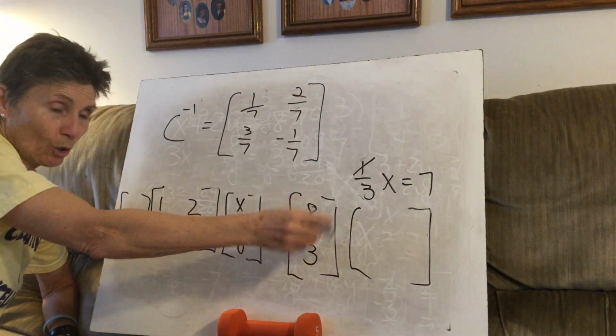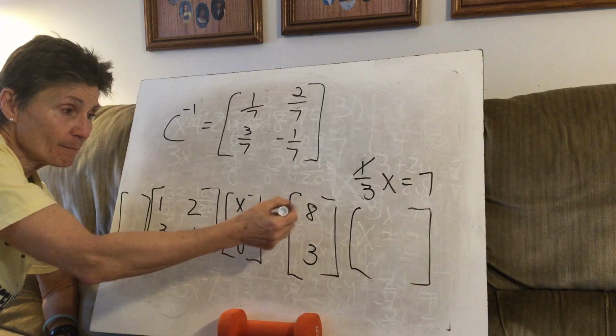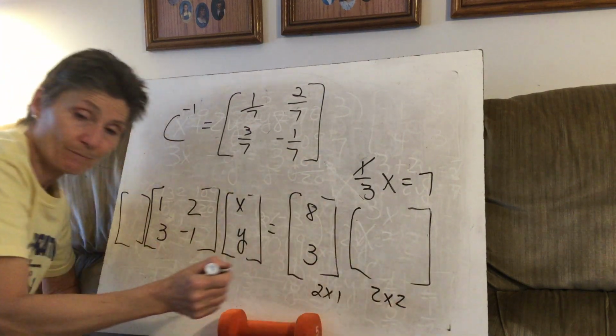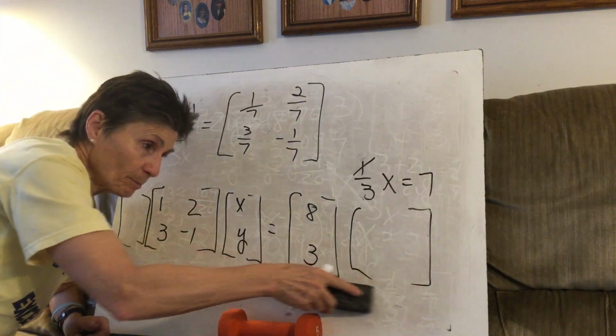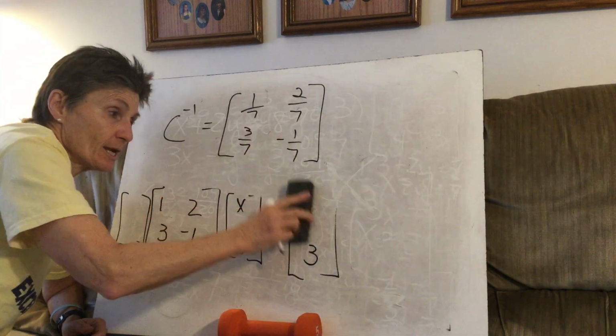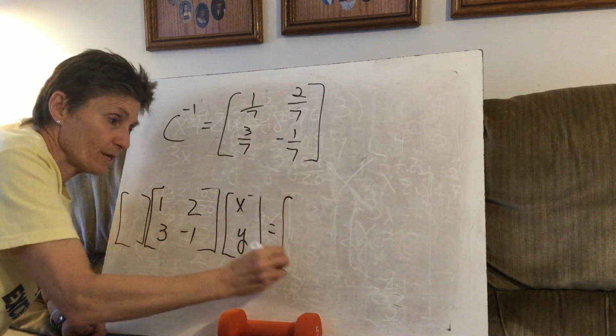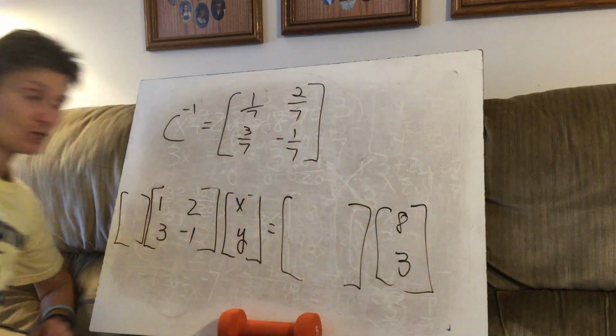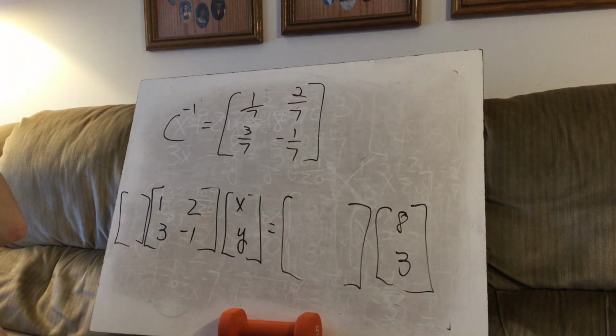But this isn't going to work multiplication-wise because this is a 2 by 1 and my inverse is a 2 by 2. So when I multiply both sides, I have to put the inverse before the 8 and the 3 so that I can actually do the multiplication.